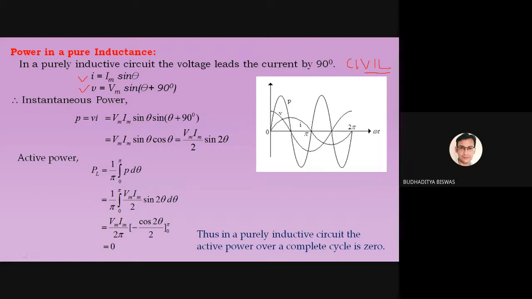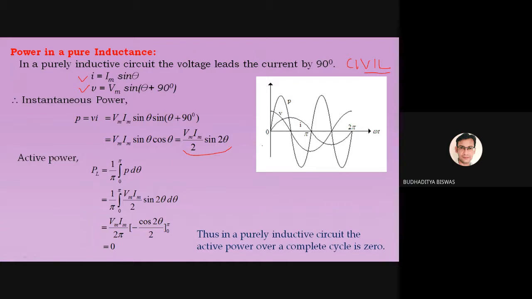So instantaneous power, look, there is a similarity between all the derivations. We always start from the instantaneous power. Then from the diagram, we need to find out the time period and apply that formula here.